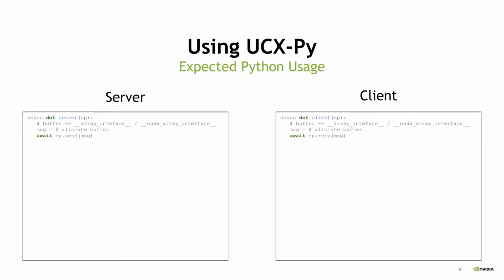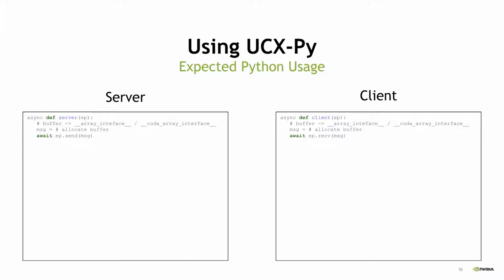And CUDA array interface is a device or GPU interface. And both of these interfaces allow transferring zero copy data through some kind of Python metadata with the pointer contained within, and other information such as shape and strides and so on.